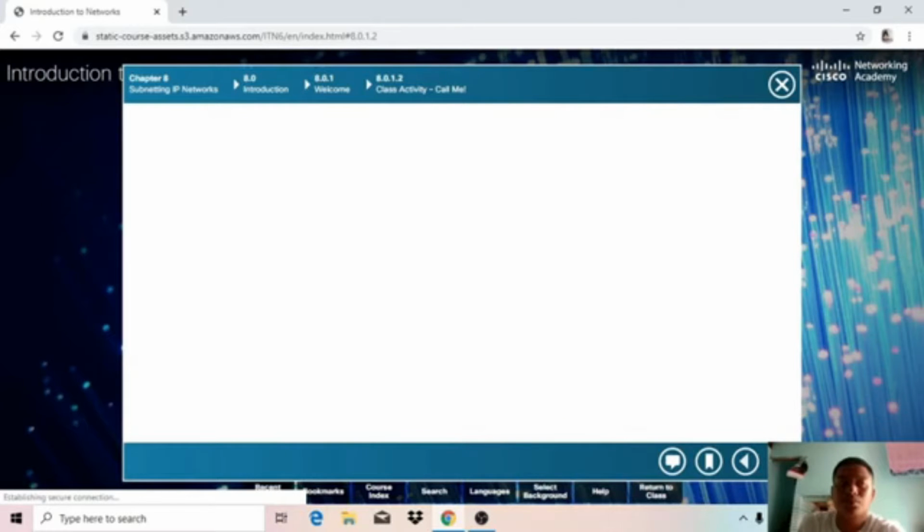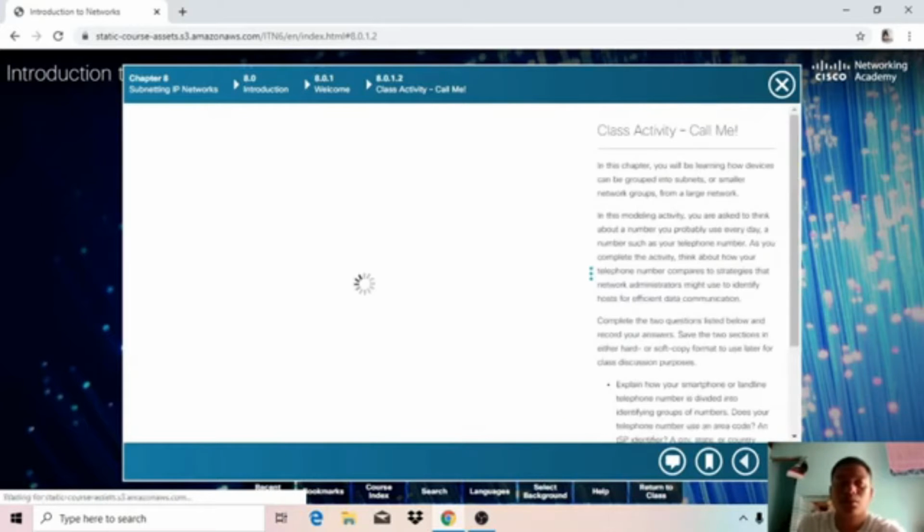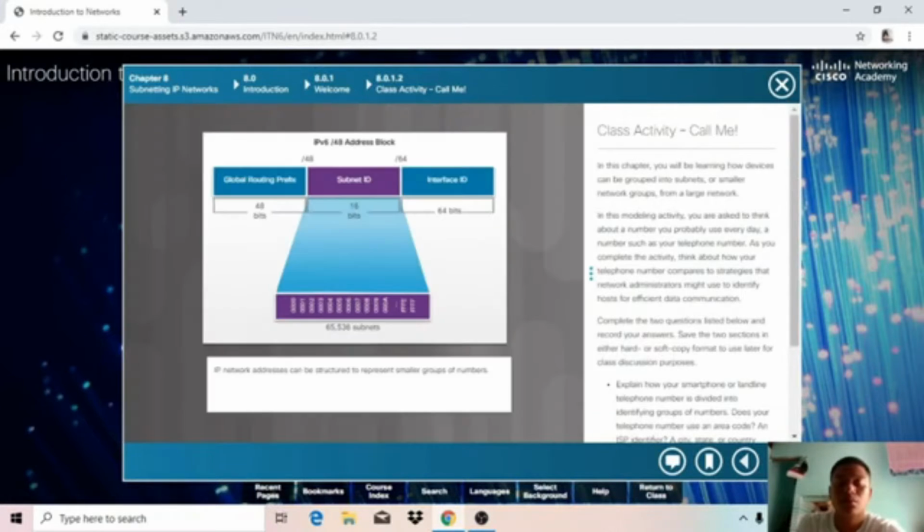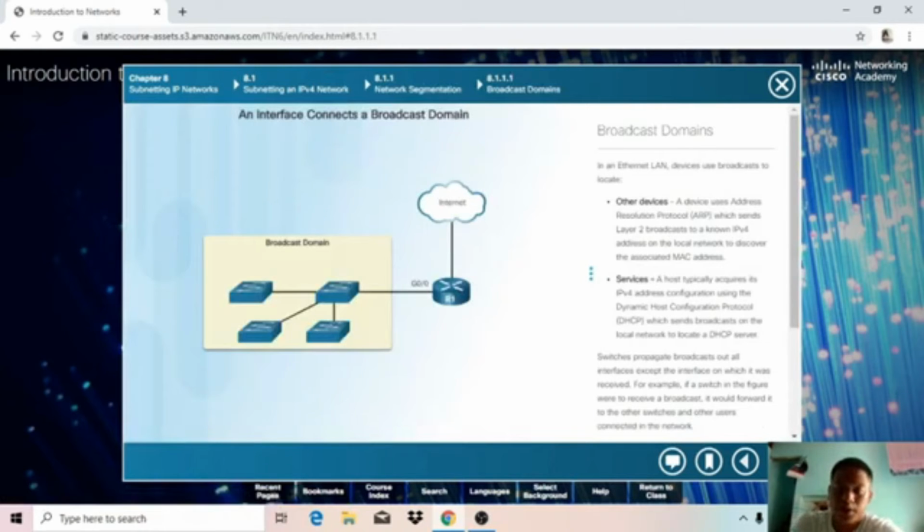So this is the broadcast domain. Ethernet LAN devices use broadcast to locate others. This is an example of a broadcast domain. This is the router, this is the internet, these are the switches.